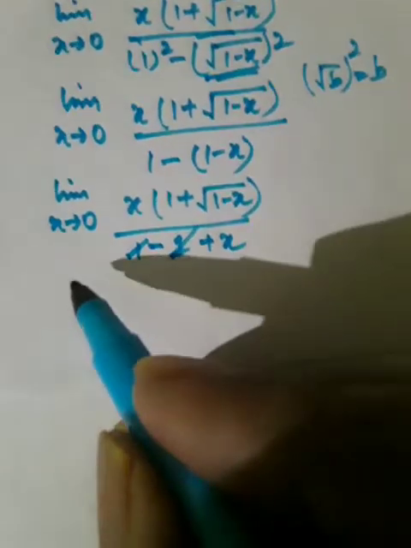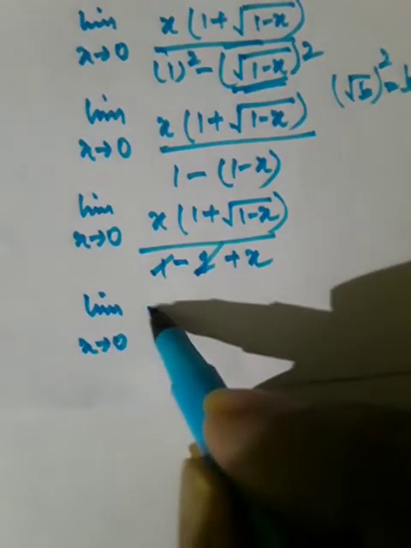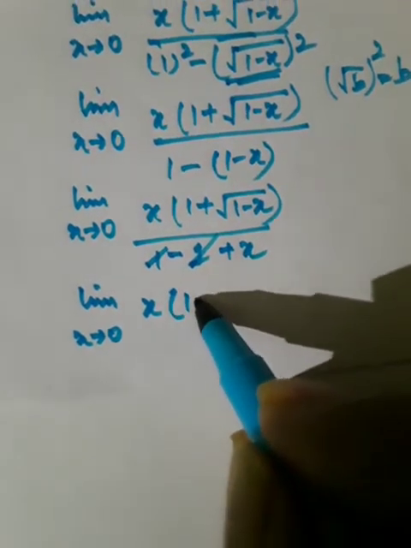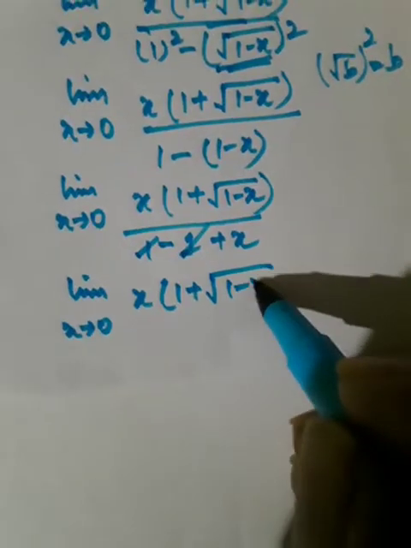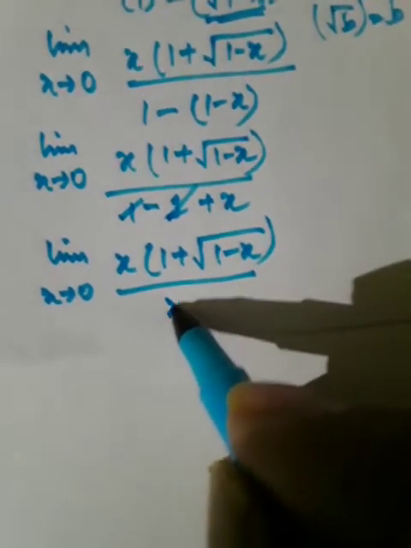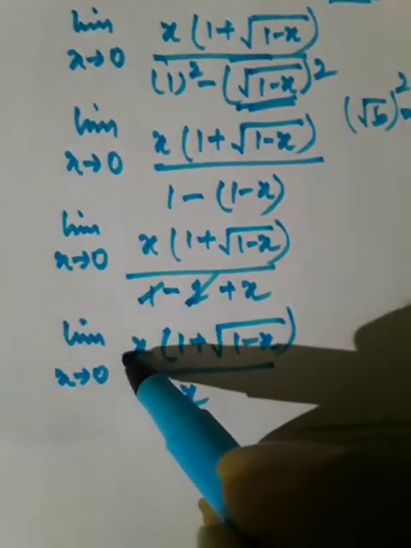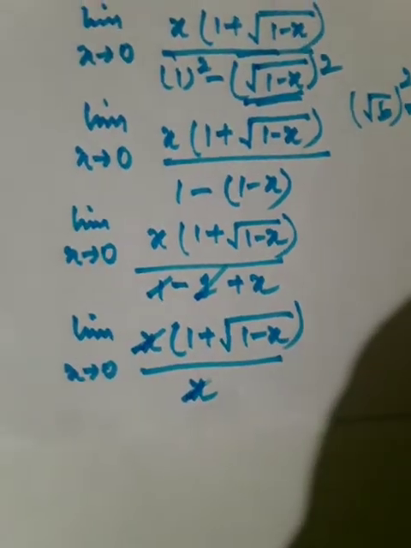Now it becomes limit x tends to 0 of x into (1 plus under root 1 minus x) and in the denominator we get x. Now we can cancel this x and this x.